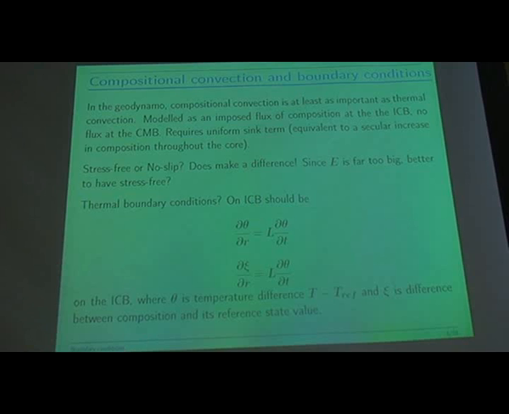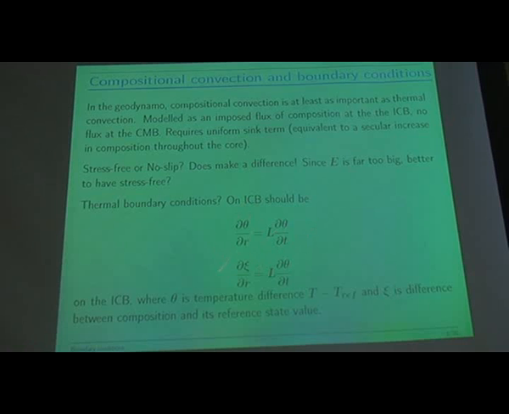The simplest is to take constant temperature boundary conditions, and that's nearly always what's actually done in the numerical models. That's what we might call the standard model. But I'll just point out that in fact, if you go through the physics of the situation, you should really be taking into account the fact that as downward plumes impinge on the inner core boundary, they will actually melt the surface there locally, and that will release latent heat.